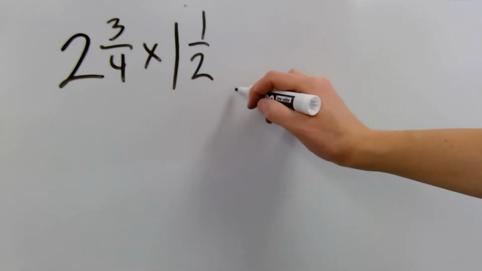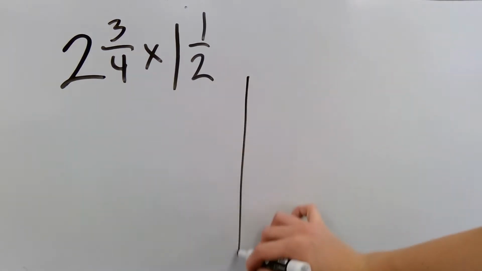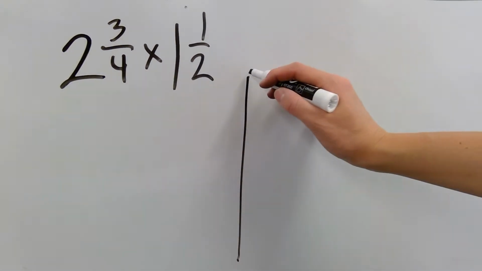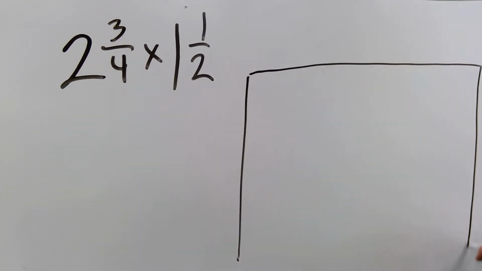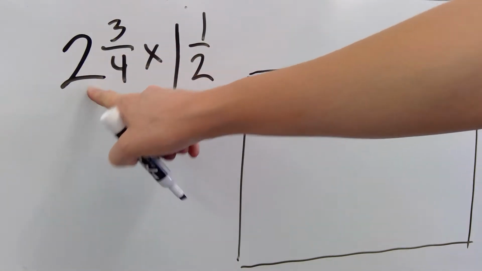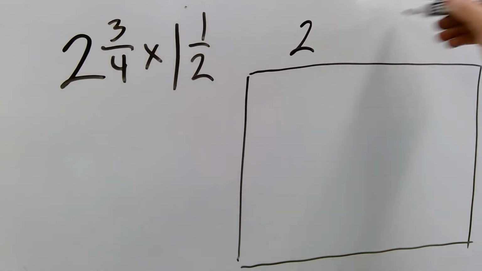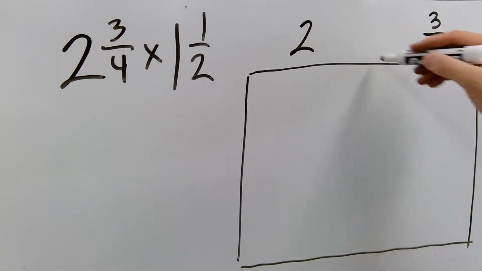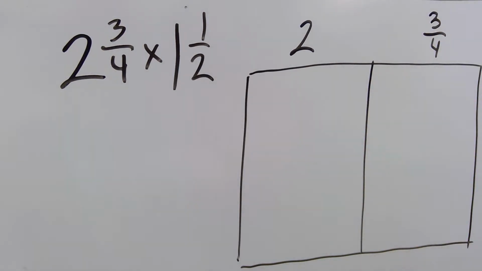So let's see. I'm going to start by drawing my area model. Okay, so I need to put 2 3/4 across the top, so I go 2, 3/4, so I'm going to split it right down there.